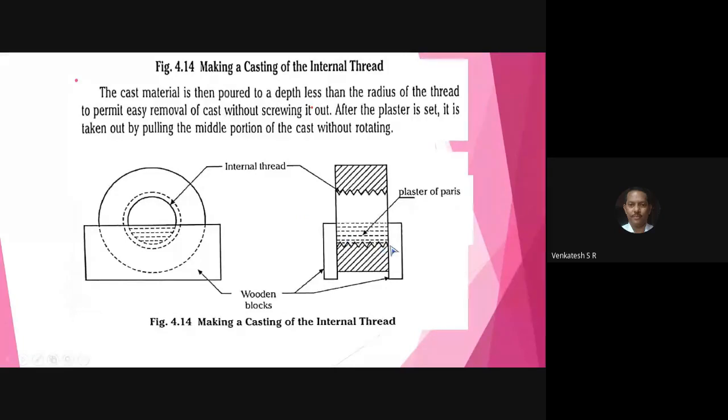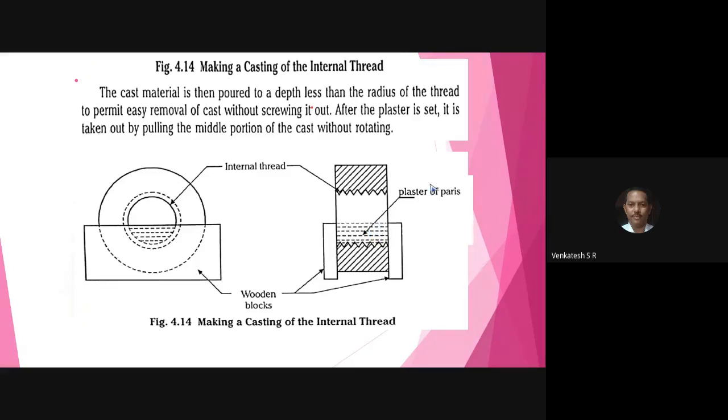You can keep the nut or the component in between the two wooden blocks like this. In the center, fill the gap between the two blocks with liquid plaster of Paris. Leave it for 1 or 2 minutes.